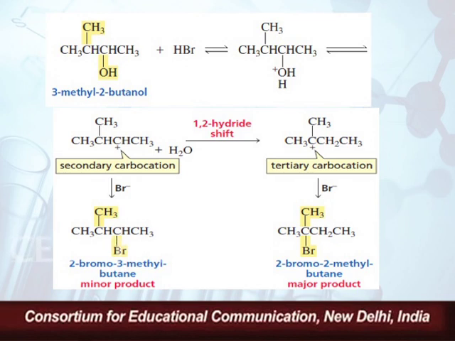This secondary carbocation converts into a tertiary carbocation by a 1,2 hydride shift, because a tertiary carbocation is more stable than a secondary carbocation. The major product formed is from the reaction of the tertiary carbocation with bromide anion, resulting in 2-bromo-2-methylbutane, and 2-bromo-3-methylbutane is the minor product.